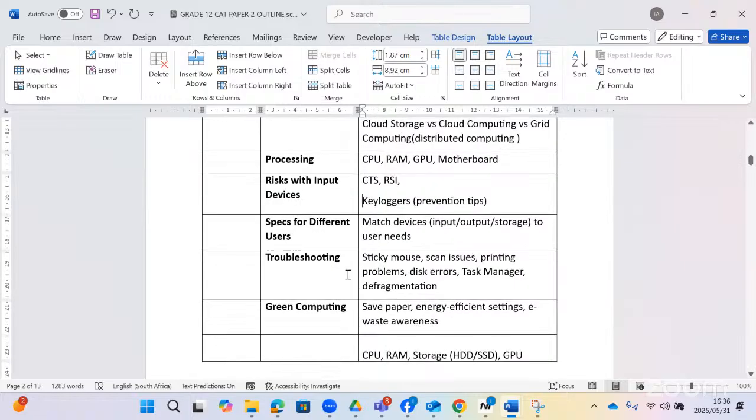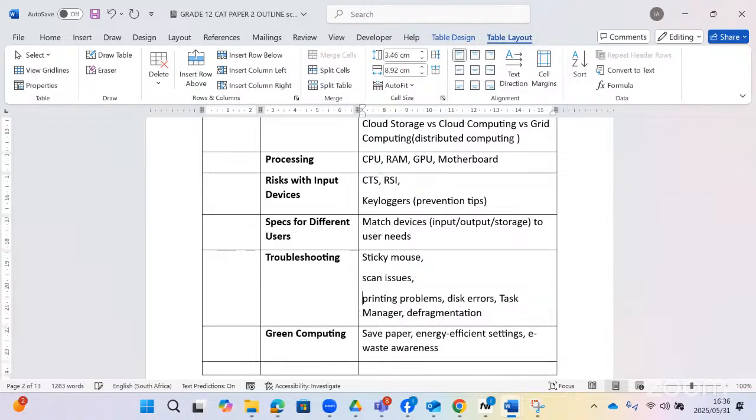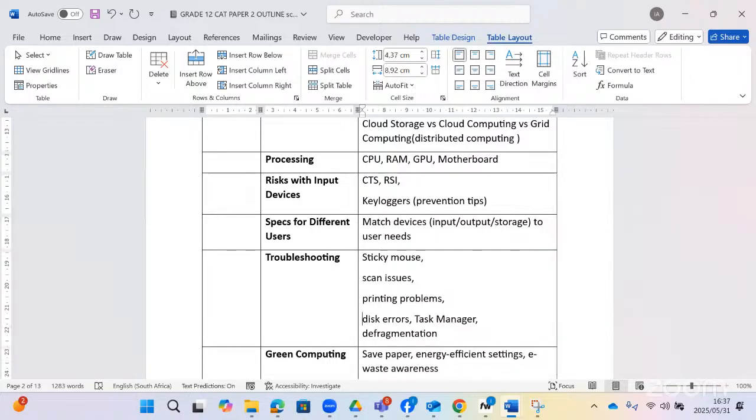And then troubleshooting, they can ask you questions on troubleshooting. That's sticky mouse. How do you resolve sticky mouse? Scanning issue. When you are scanning a document and it doesn't display properly, what might be the problem and how do you resolve that? Printing problems. When you are printing and then maybe it doesn't print, what should you do? How do you resolve that? Disk errors.